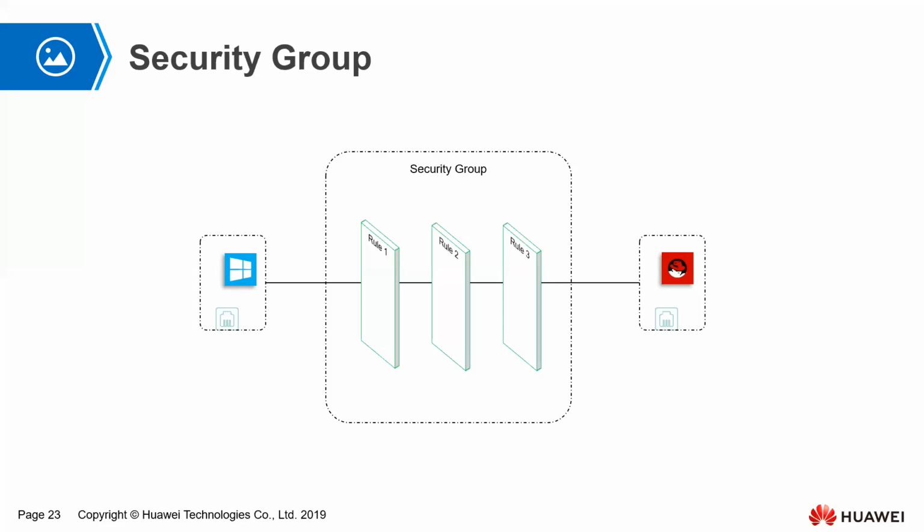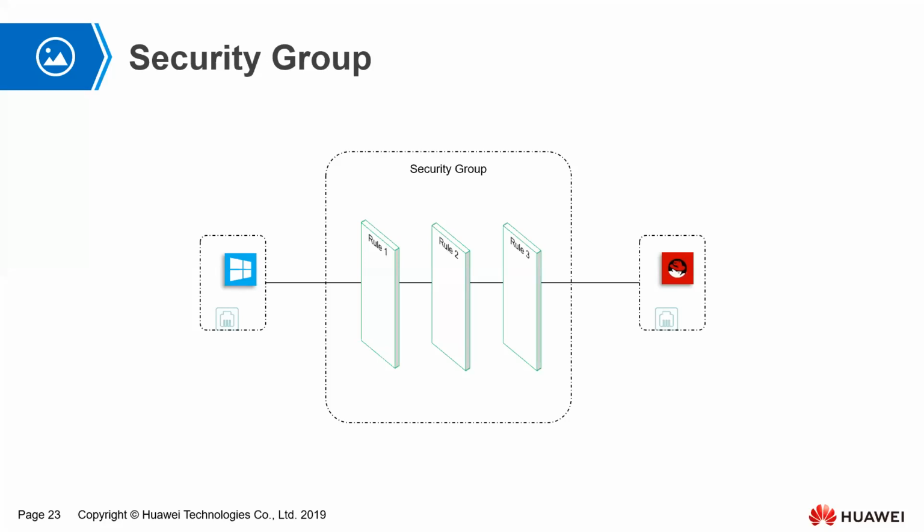All virtual machine NICs in a security group communicate with each other by complying with the security group rules. A virtual machine NIC can be added to only one security group. Kindly take note.